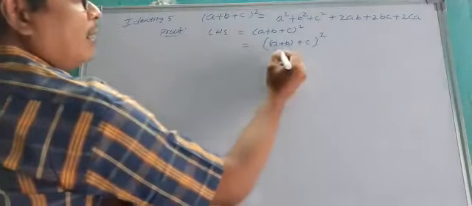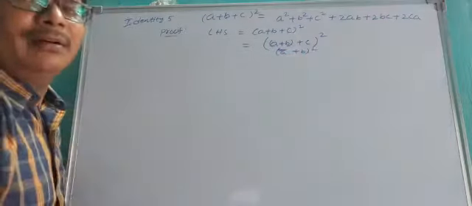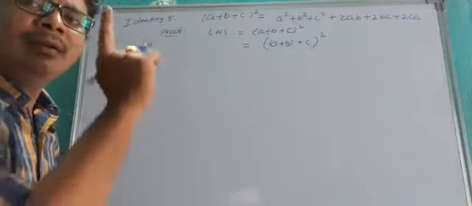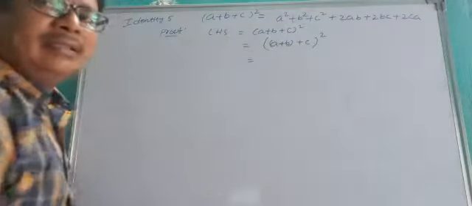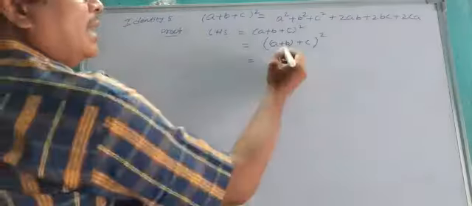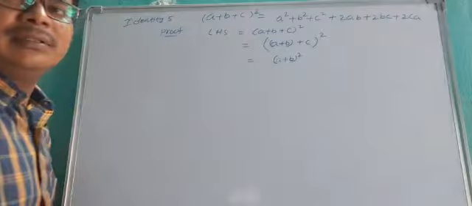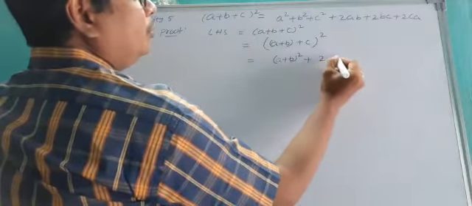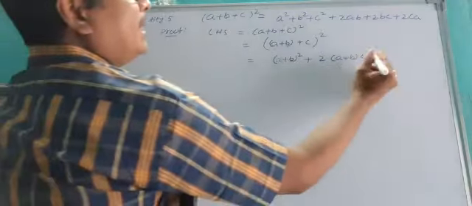Okay, now this is in the form of (a + b) whole square. Now you take the first two terms as one term, (a + b) whole square. Now this is in the form of (a + b) whole square. Here a means a + b. a square means (a + b) whole square plus 2ab, plus b square means c square.